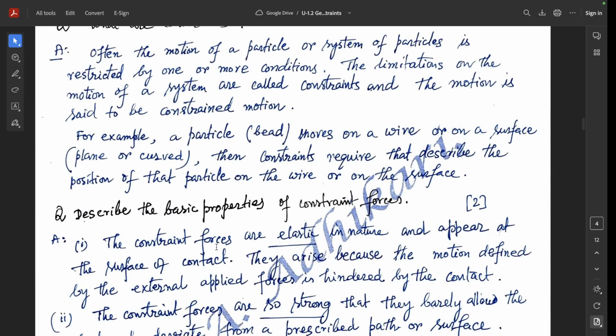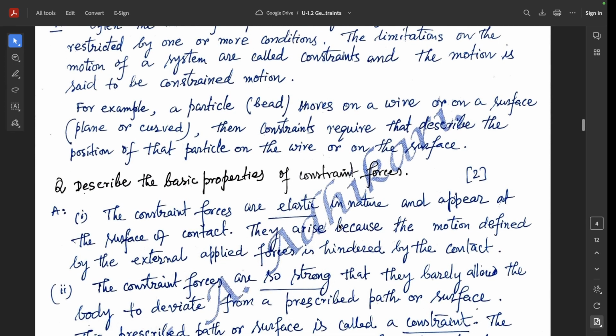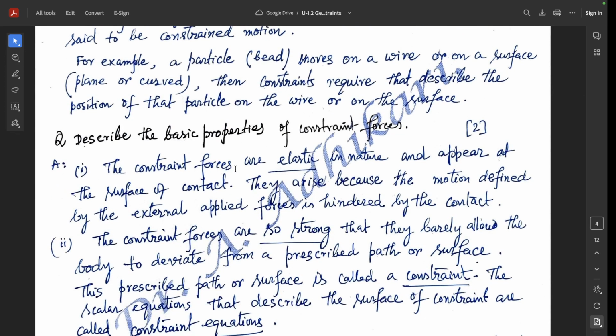Next question, describe the basic properties of constraint forces. First, the constraint forces are elastic in nature and appear at the surface of contact. They arise because the motion defined by the external applied force is hindered by the contact. Number two, the constraint forces are so strong that they rarely allow the body to deviate from a prescribed path or surface.